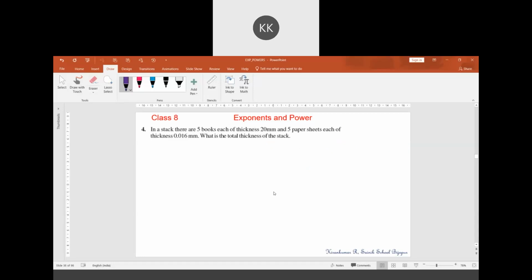Yes, sir, we have a word problem now. In a stack, there are 5 books, each of thickness 20 millimeter, and 5 paper sheets, each of thickness 0.016 millimeter. What is the total thickness of the stack? How do we solve this?